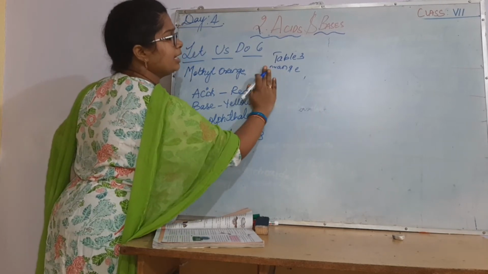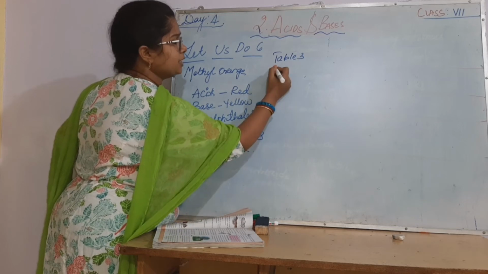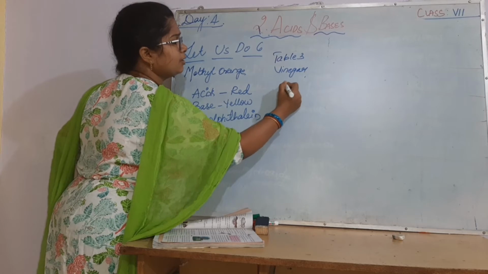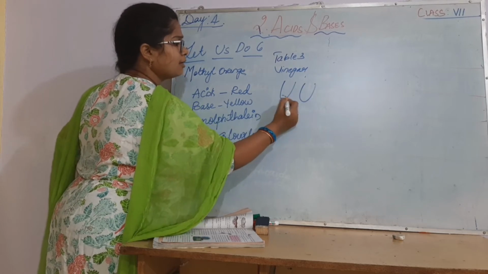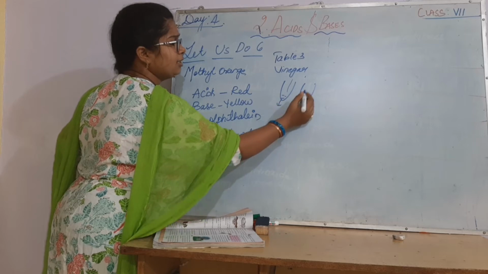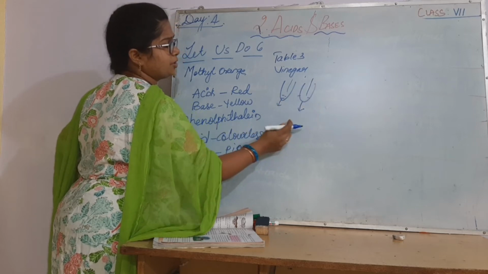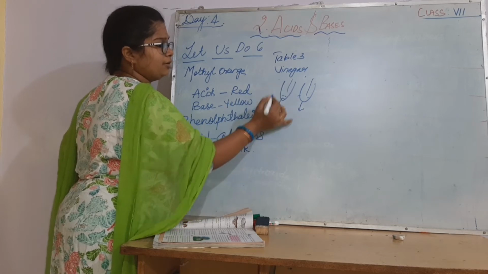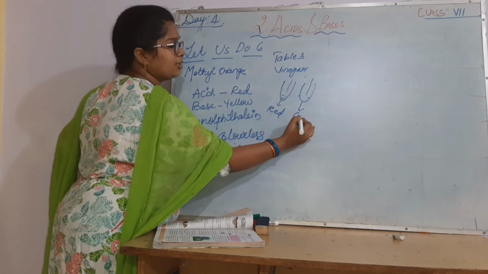Suppose I take vinegar, which is in table 3. Vinegar in two test tubes, I have added 5 or 6 drops of methyl orange and 5 or 6 drops of phenolphthalein solution. Methyl orange turns red in color and phenolphthalein solution remains colorless.